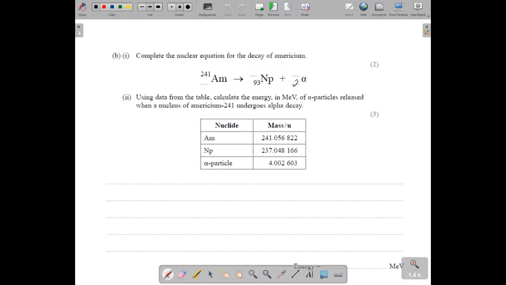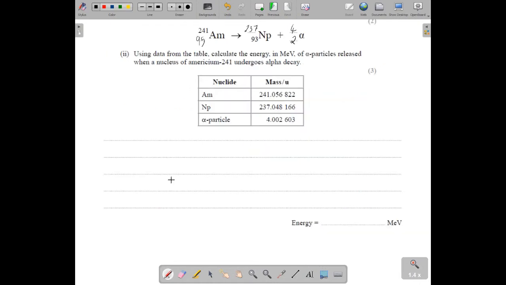So we start off by just filling in the numbers. An alpha particle has a mass of 4 and a proton number of 2. I use that proton number to fill in the proton number of the americium, and I use the nucleon number to fill in the total mass.